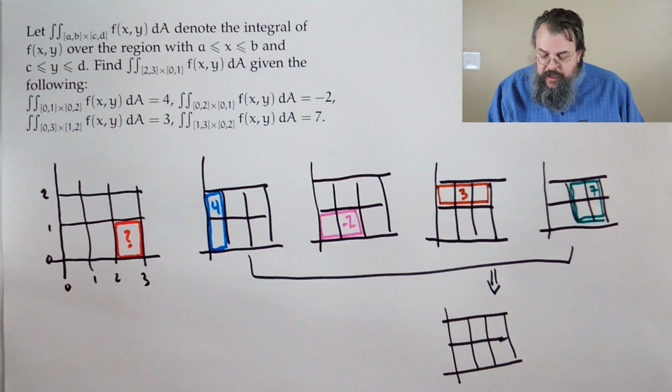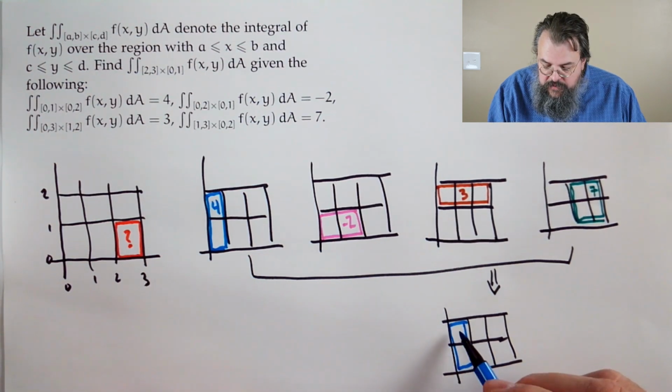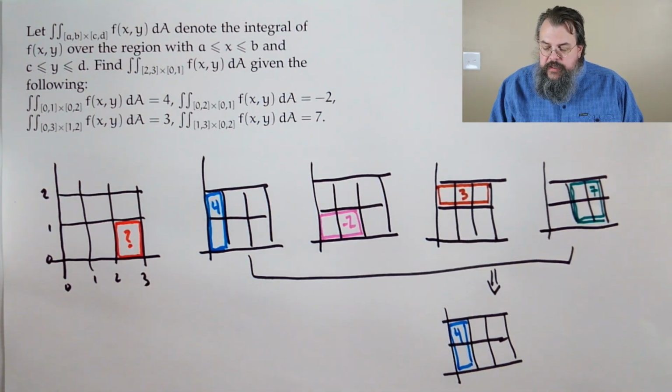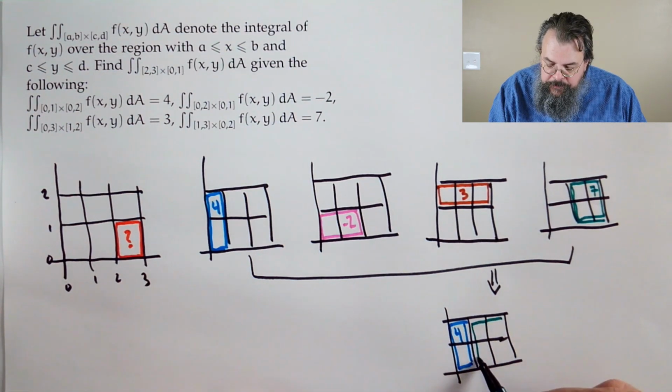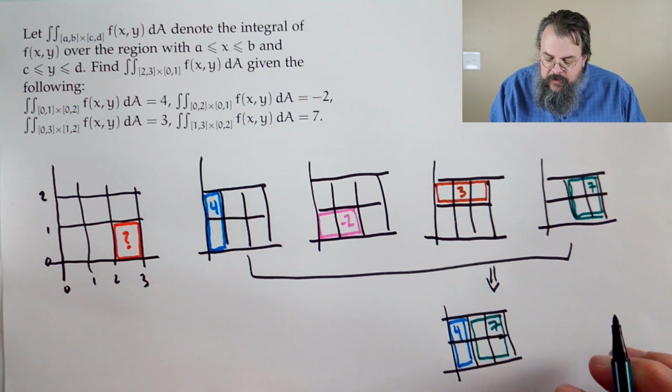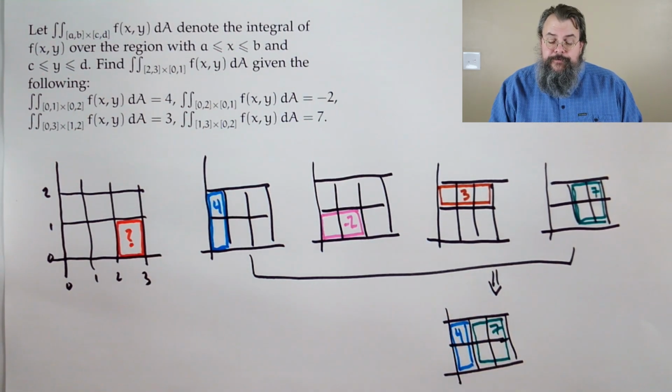There's this one piece which has 4, and another piece which has 7. Great. Now I know how to do the whole rectangle.